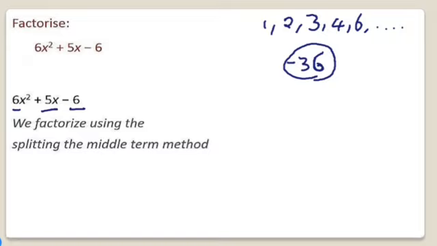We get many factors. Right children? By using all those factors we are going to find two terms whose sum gives 5.